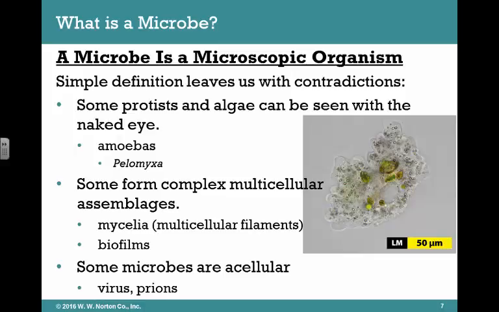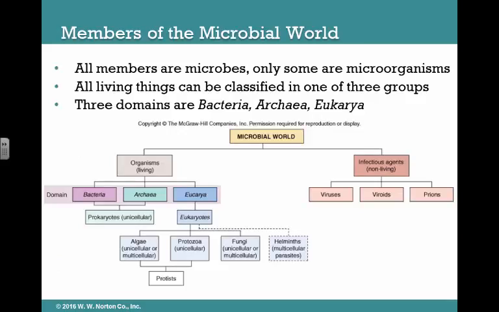They may even lack genetic material in the case of prions. And so these kind of fall out of that very simple definition of a microbe as a microscopic organism. But for our purposes, we'll stick with this simple definition and with the assumption that you understand these key caveats.